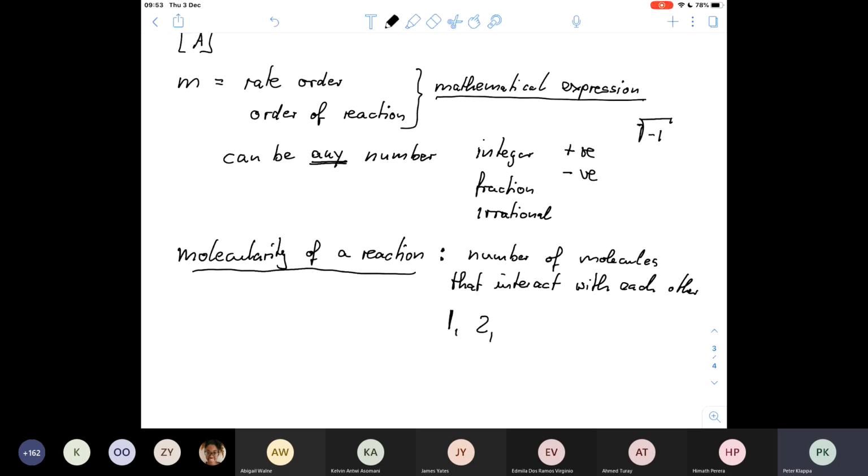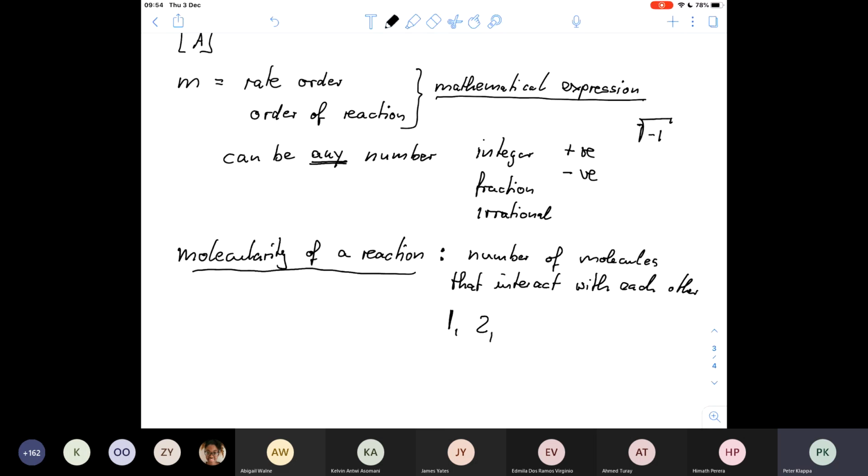Can the molecularity of a reaction be zero? What do you think? You're absolutely right.